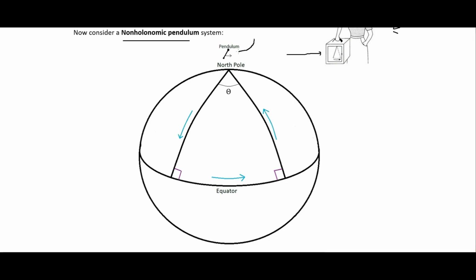So we have our pendulum here that's swinging, and say we have it swinging in this direction as we start at the North Pole and walk down this path to the equator, at which point we do a 90-degree turn and start walking that way until we get to here. We do another 90-degree turn and walk back to the North Pole.